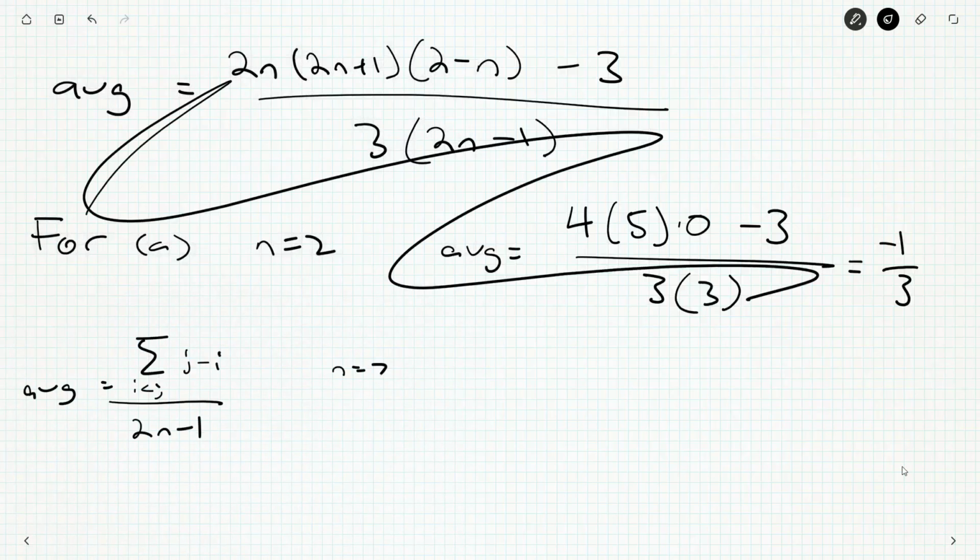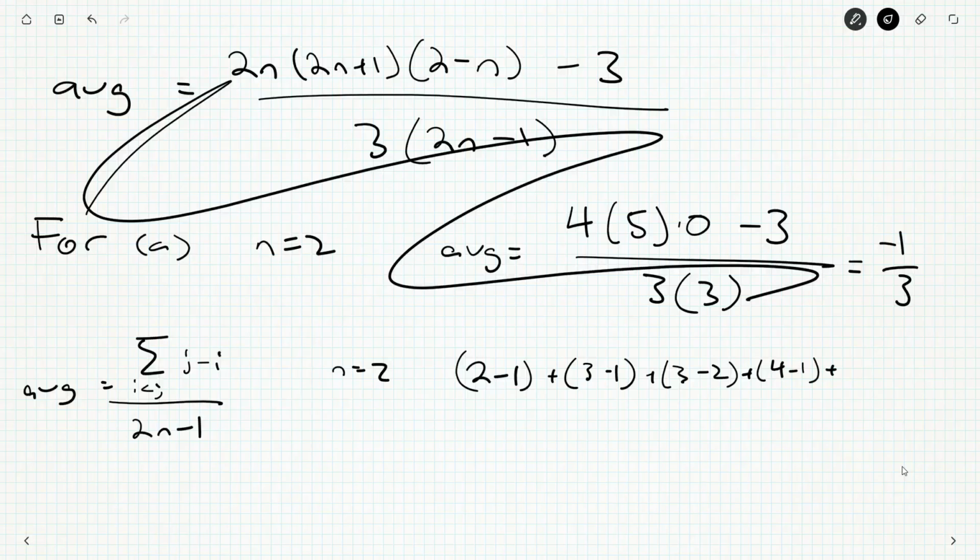For n equals 2, what would we have? Well, we'd have 2 minus 1 plus 3 minus 1 plus 3 minus 2 plus 4 minus 1 plus 4 minus 2 plus 4 minus 3, all over 3. And I assume a whole bunch of things will cancel here.